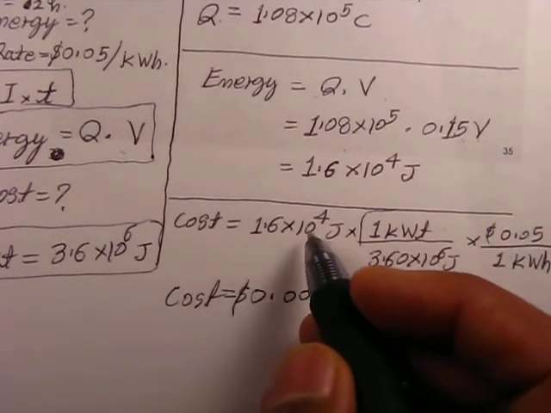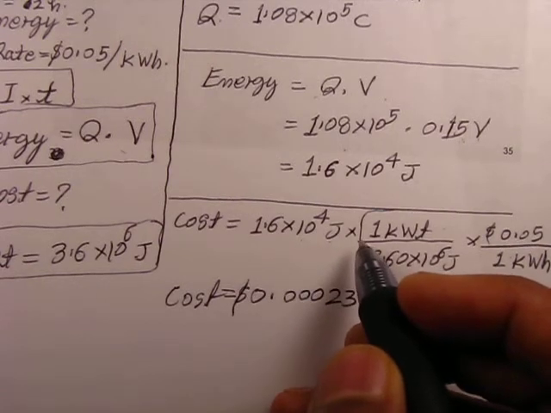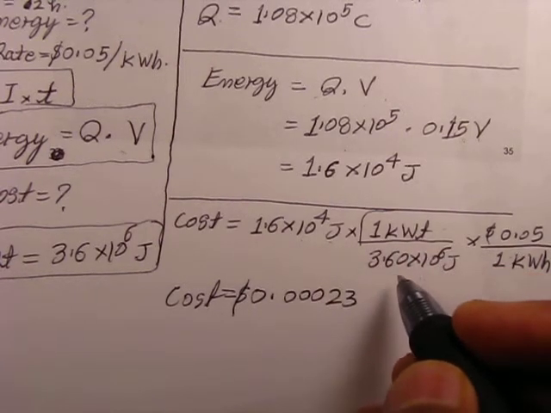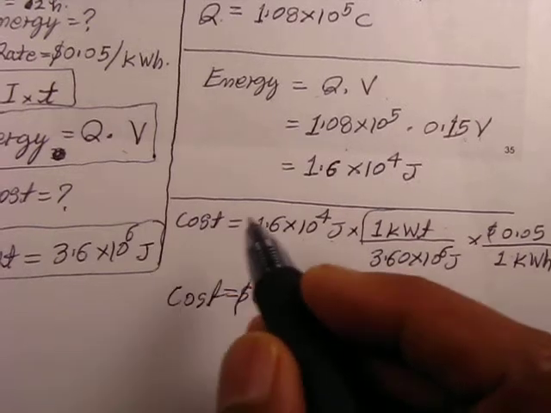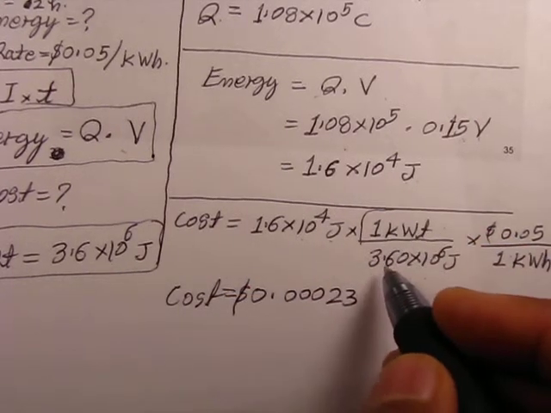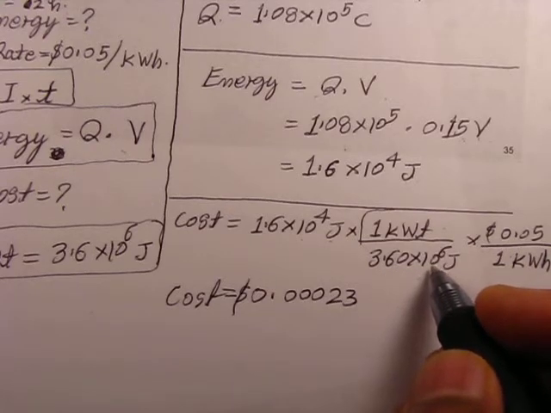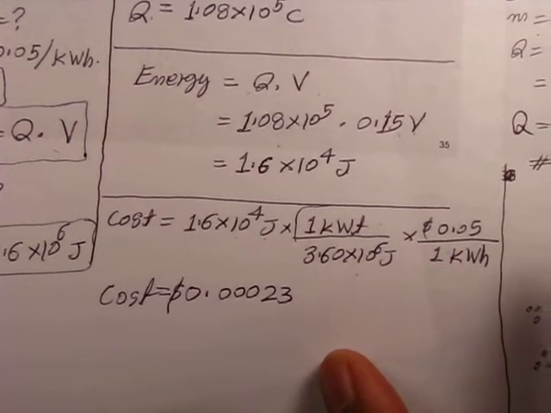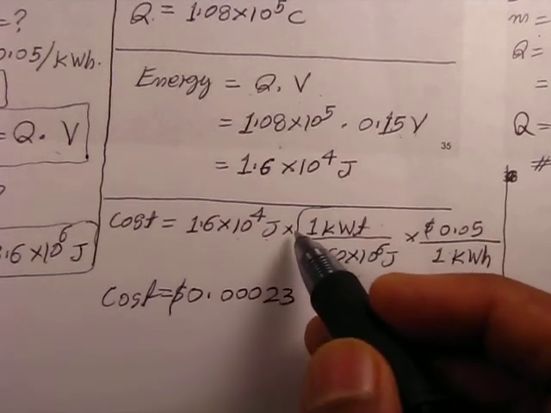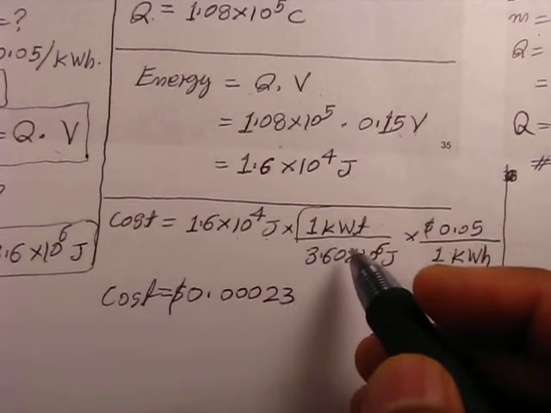We convert joule into kilowatt-hour by multiplying by 1 kilowatt-hour and dividing by 3.6 times 10 to the power 6 joule. The joule cancels, and we have converted energy into kilowatt-hours.